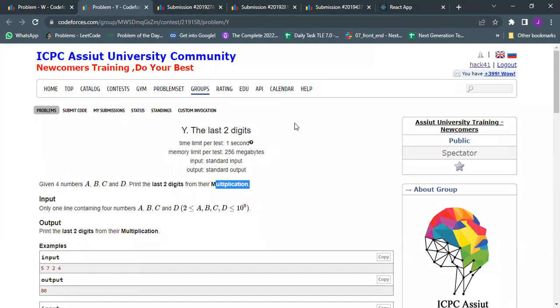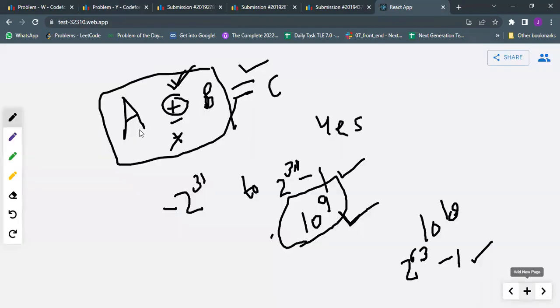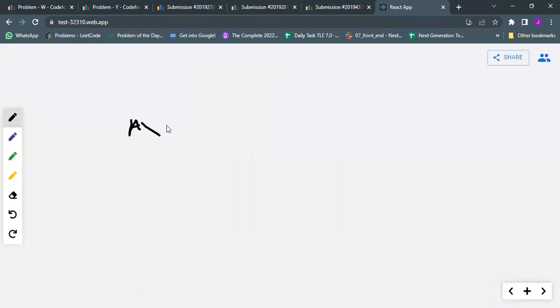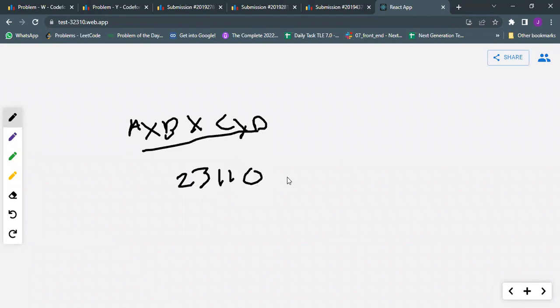Basically, you have to multiply all these numbers and print the last 2 digits of the result. Let's say it's 2311023, something like this. It's a big number. So you have to print just the last 2 digits.